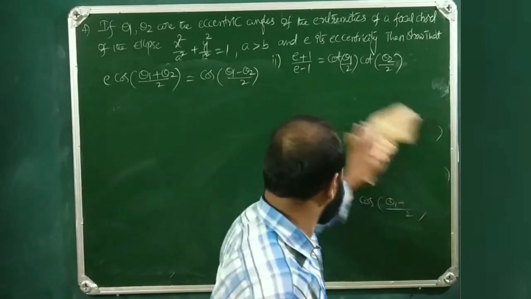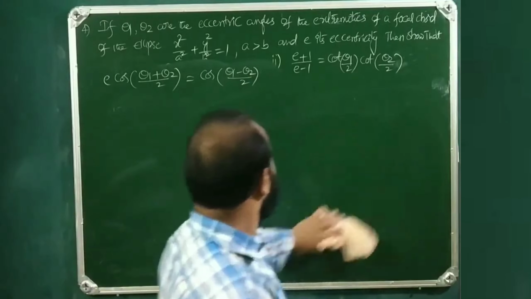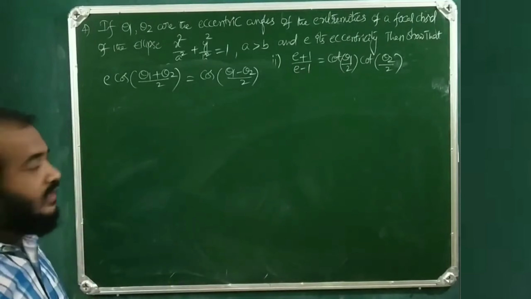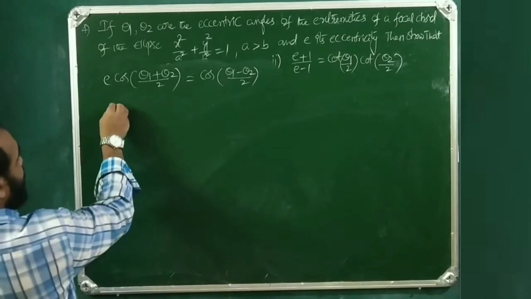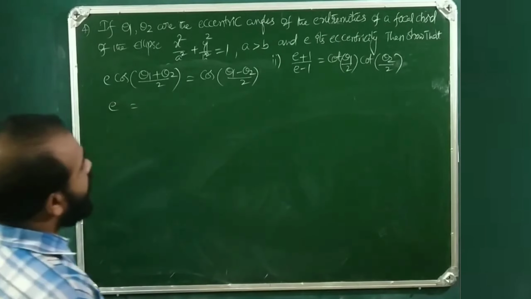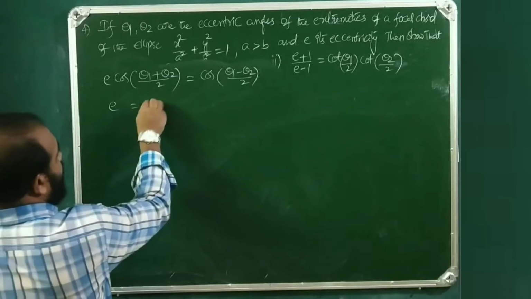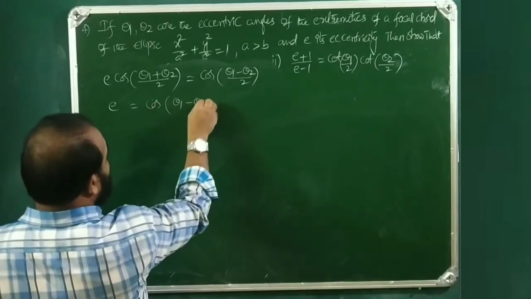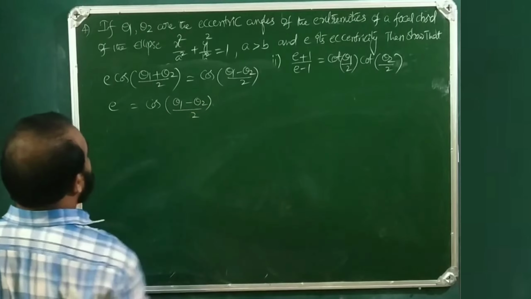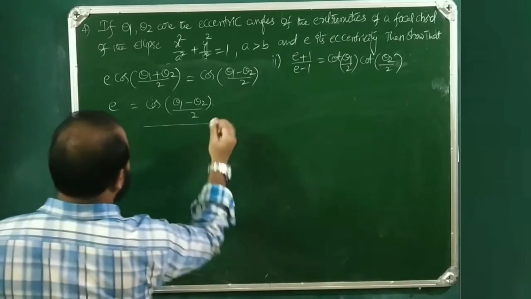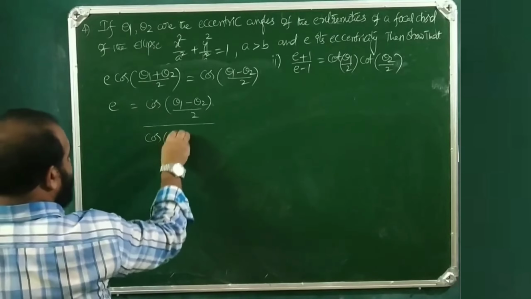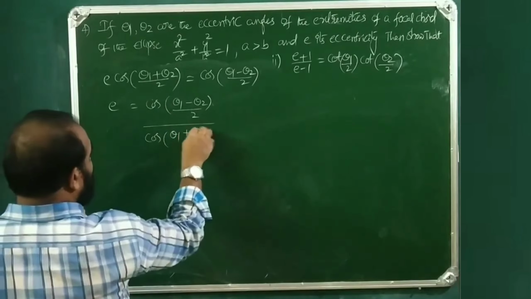Now here, E plus 1 by E minus 1 is what we need to get. So for this, E is equal to cos (theta 1 minus theta 2)/2 by cos (theta 1 plus theta 2)/2.